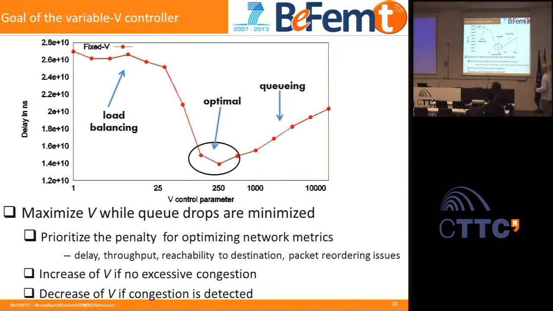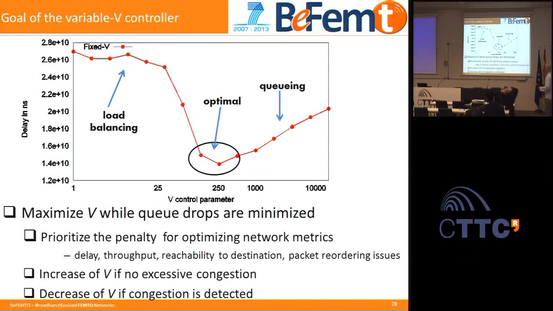So on the one hand, we want to get the maximum V parameter that we can get, without incurring into queue drops, so that intended network performance metrics such as delay, throughput, reachability are optimized.